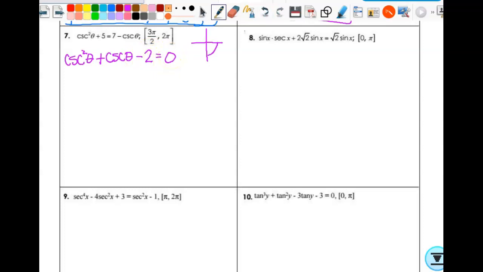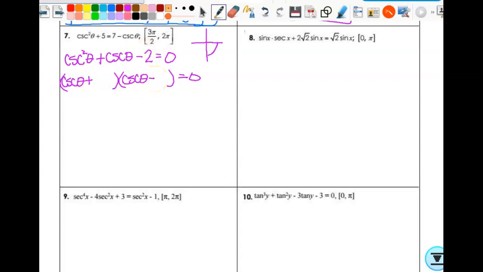Okay, so that's a very simple quadratic to factor. It's just instead of having x squared plus x minus 2, your x is cosecant theta. Okay? So I'm going to make this into two binomials. They're both going to start with cosecant theta. This is negative, so the signs are opposite, so I have a plus and a minus.